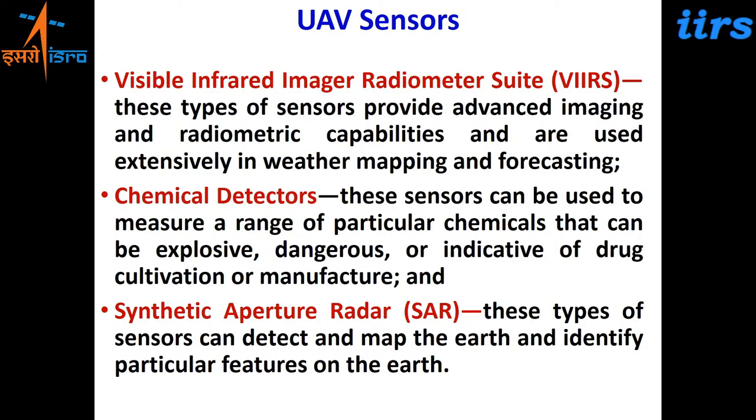SAR sensors are still in very high weight categories, but the thermal sensors, multispectral sensors, and LiDAR sensors are in the range of a few grams to 1 to 2 kilograms maximum, whereas SARs are more than 20-25 kilograms of weight.